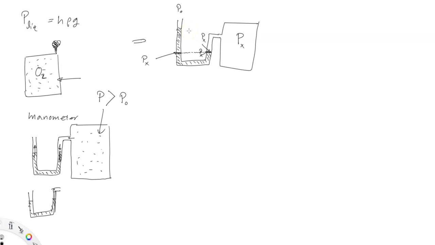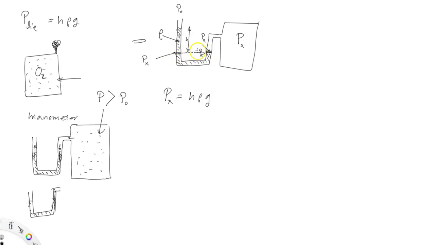So if we want to know the gauge pressure of the tank, it's the height of the liquid column. Px, we are just calculating the gauge pressure, will be H rho g. H is this height, rho is the density of the liquid. So you multiply the height of the liquid from the same level.